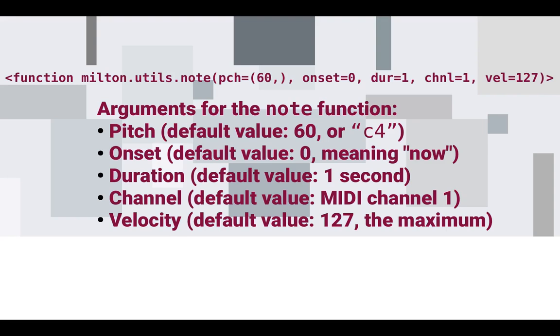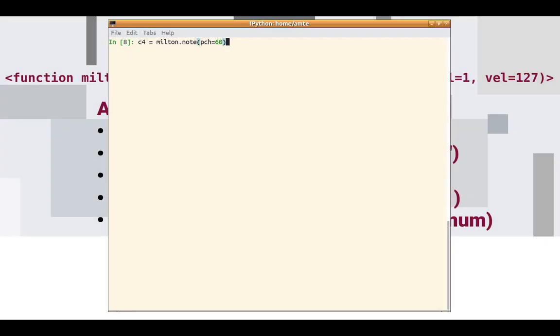These default values are 60 for the pitch, the onset 0, a duration of 1 second, MIDI channel 1, and velocity being 127. Knowing this, let us create a single note, the middle C on the piano, with a MIDI key number 60. To do this, we need to call the note function. I assign the return value of our function call to a variable named C4. This allows us to define this note once and reuse it wherever we need it.